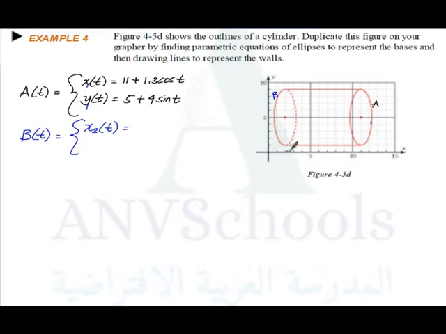This is located at x is equal to 2. So that's 2 plus, still the cylinder has 2 bases, and these bases should have equal radii. So the radius here would be 1.3 also, and that's also the dilation factor. So 1.3 cosine t.